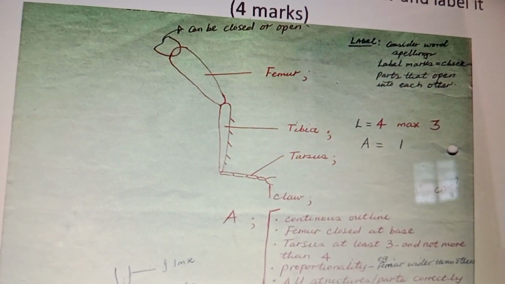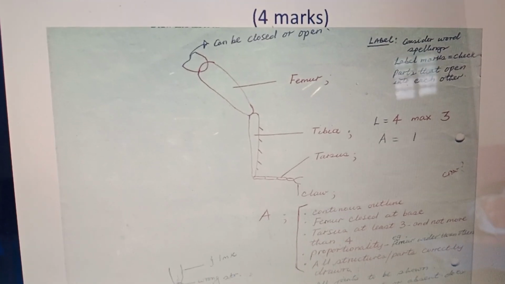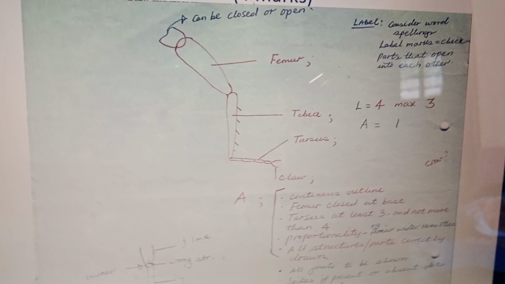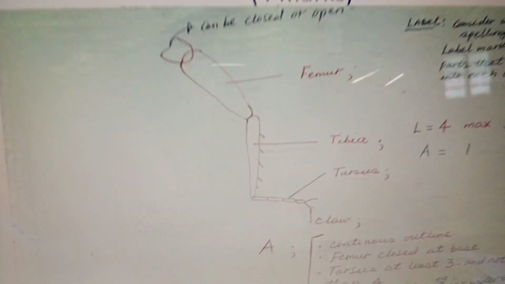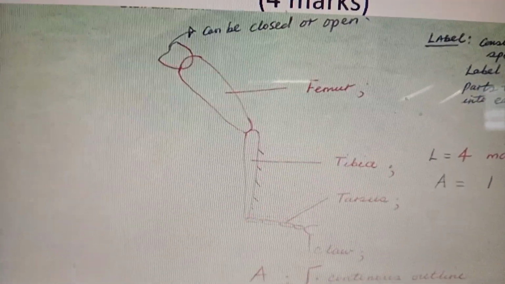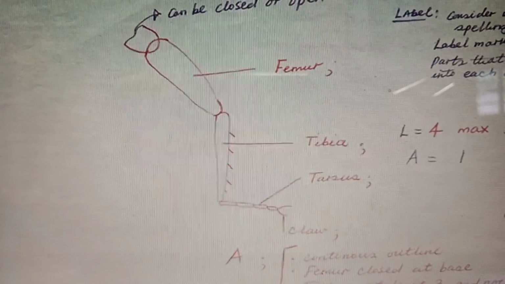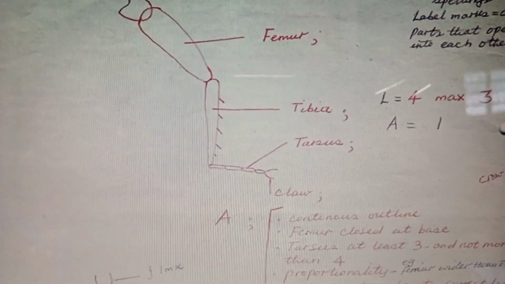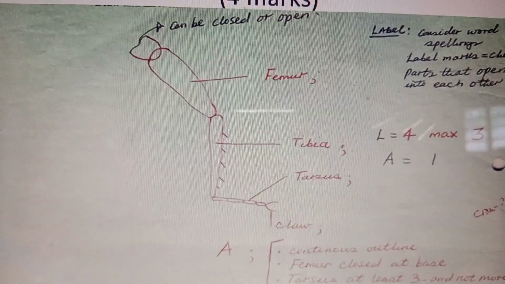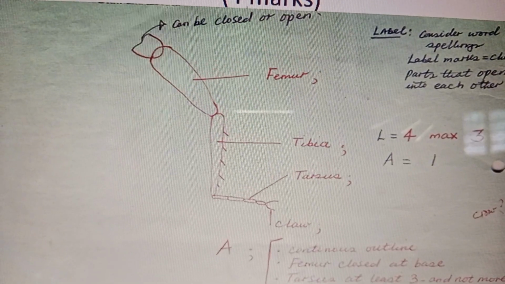Of course, it's problematic. That's why you see now the way I'm placing the camera for me to get the full view of the diagram. So guys, that's the way you draw. That's the diagram now, very clear with the labels: femur, tibia, tarsus, claw, and then you can see that part which is supposed to be open.